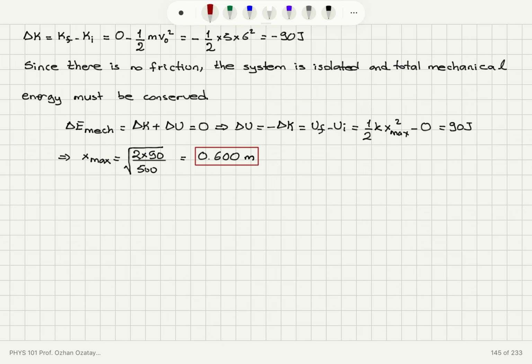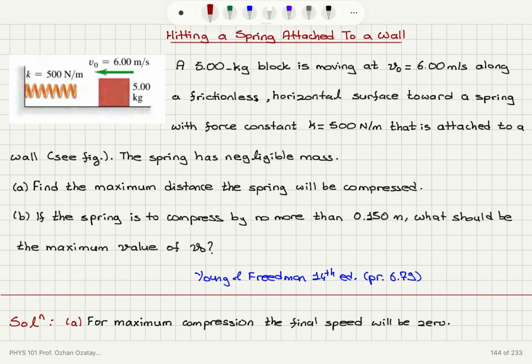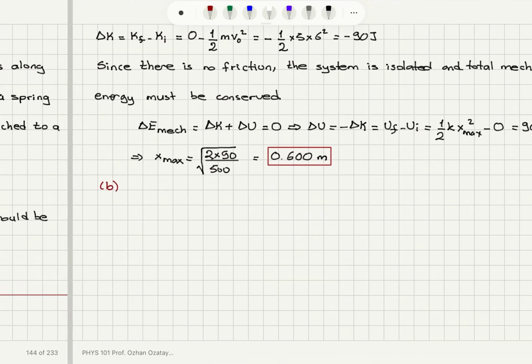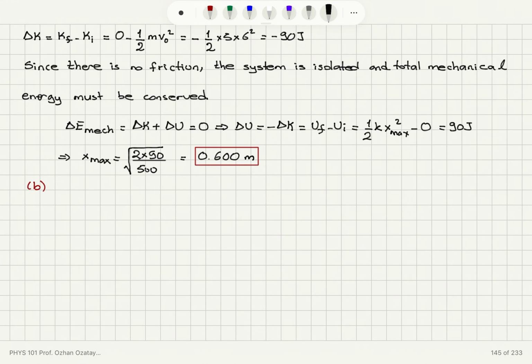So part B, we have a requirement that the spring is not going to compress any more than 0.150 meters. What should be the maximum value of V0? Now V0 is to be determined. So the change in the potential energy will be U final minus U initial, which is 1/2 k x max prime squared, minus 0.